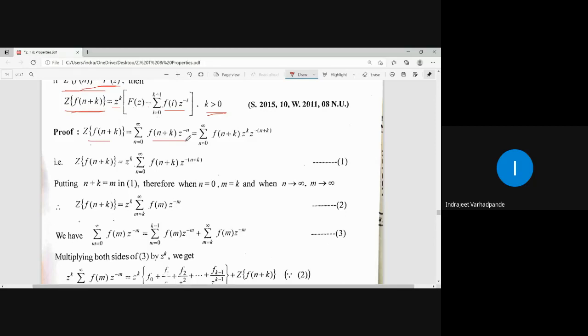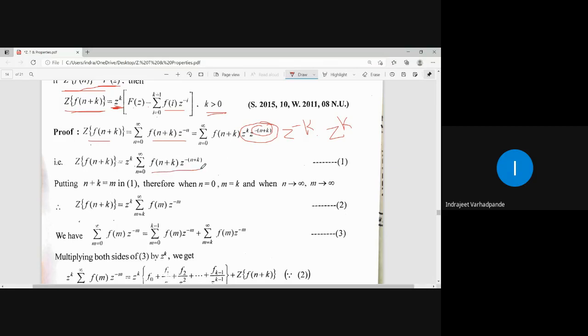Whenever you see the term plus k or minus k, where do we have to make the adjustment? We have to adjust with the term of z. So we have z to the power minus k, and to cancel that I will multiply by the term z to the power k. But z to the power k is outside the summation, so that will be taken outside, and combining this minus k by taking common, it will become minus of n plus k.